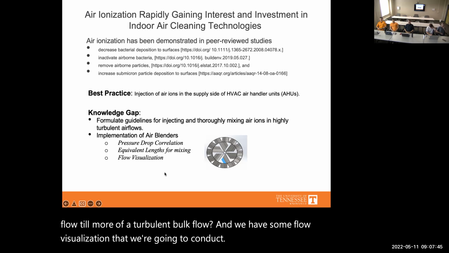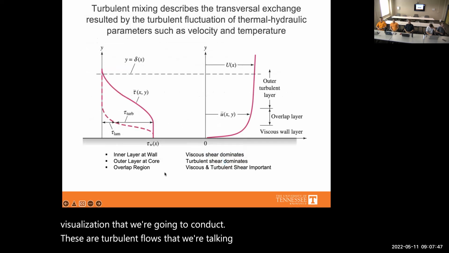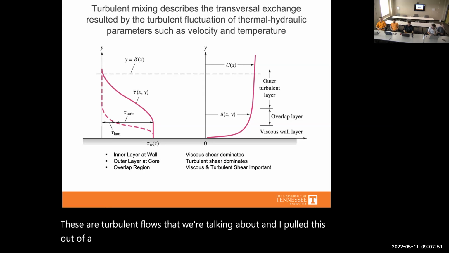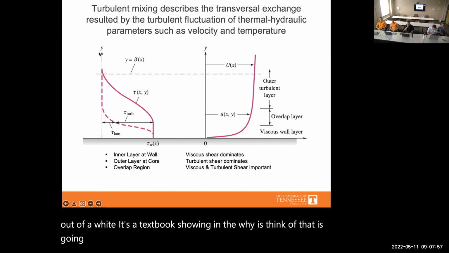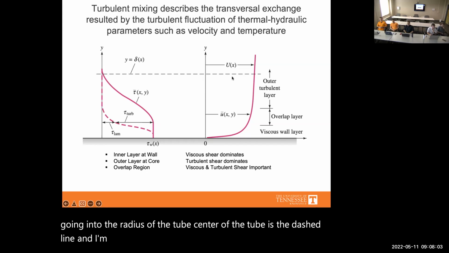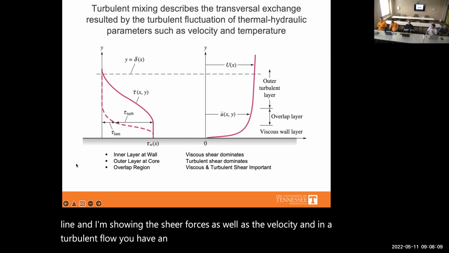These are turbulent flows that we're talking about. I pulled this out of a textbook, showing the y-axis, think of that as going into the radius of the tube. The center of the tube is the dashed line. And I'm showing the shear forces as well as the velocity. In a turbulent flow, you have an inner layer at the wall where viscous shear dominates.